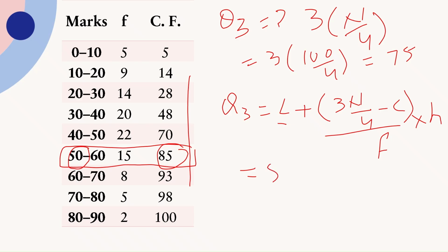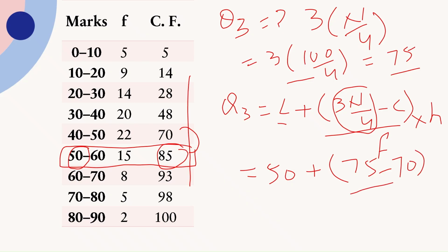So L is 50, plus 3 times n by 4 already calculated here, which is equal to 75. So 75 minus C. C is the cumulative frequency preceding the selected class. So this is the C, 70, divided by F. F is the frequency of the selected class, which is 15. And H is the class width.